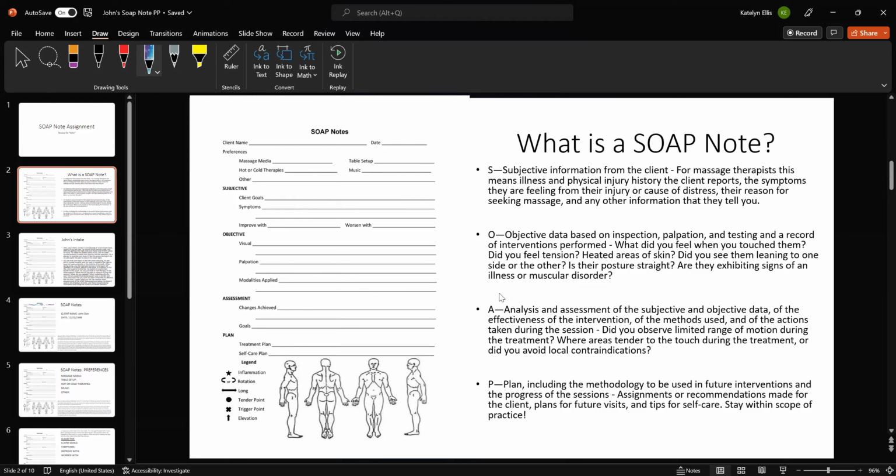But it's also been shown to increase the range of motion, especially when active resistive stretching is applied. So you could put that type of information right here in assessment.